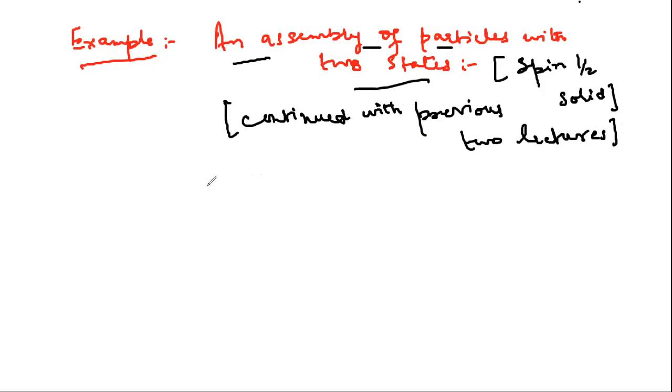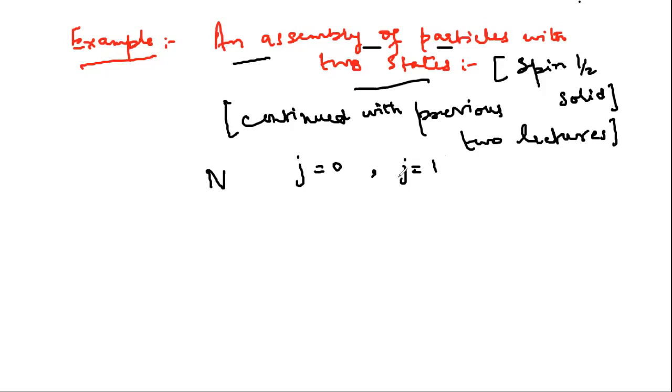So let me refresh your memory. Which example is under consideration? We have an assembly of particles with two states. So we have N localized, capital N is the number of particles. They are localized, weakly interacting particles in which there are just two one-particle states. One state we have labeled with J equal to 0, and another state with J equal to 1.